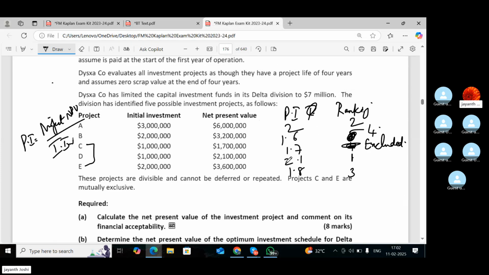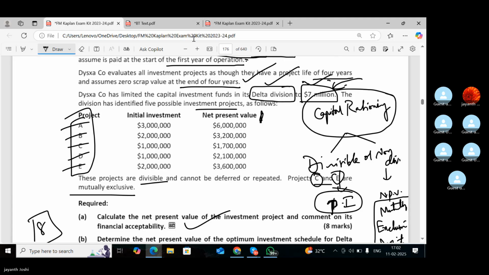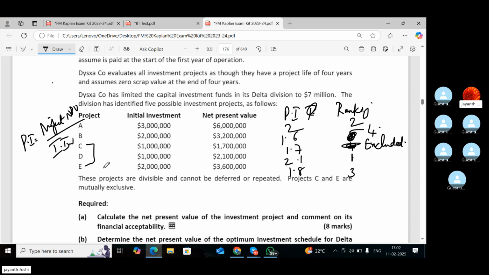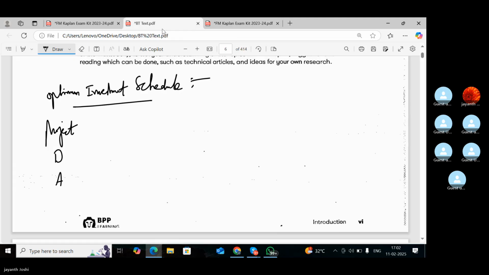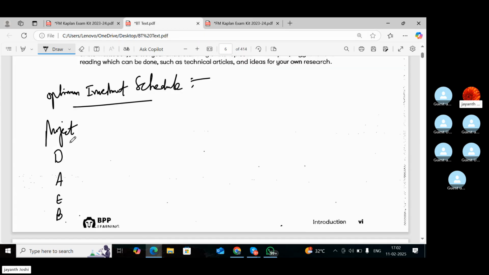The first rank goes to, of course, D. Second rank A. Third rank goes to E, and fourth one C. Fourth one B, sorry, C is excluded. So D, A, E, B. These are the projects we have selected. And then NPVs we will be calculating.